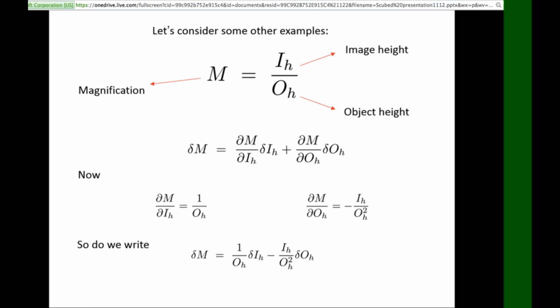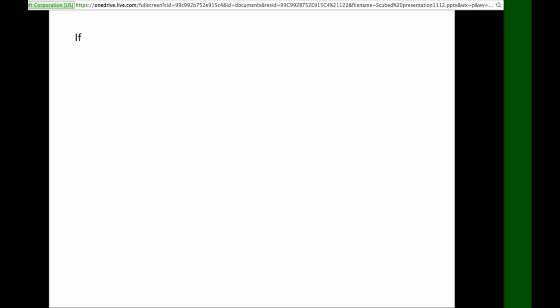So, do we just plug in these values and write delta m equals 1 all over OH delta IH minus IH all over OH squared delta OH? No, and we're going to see why. So, this is what we might have written. We're going to see why that would be wrong. If we write delta m like that, then remember we quote m with a plus or minus delta m on 2 after it.